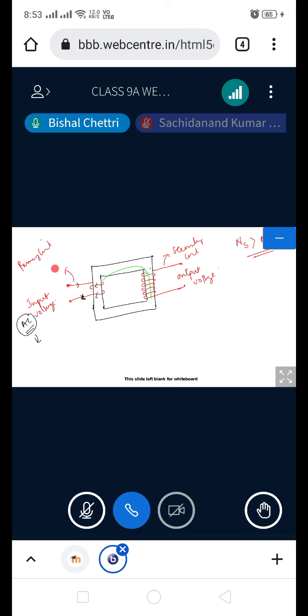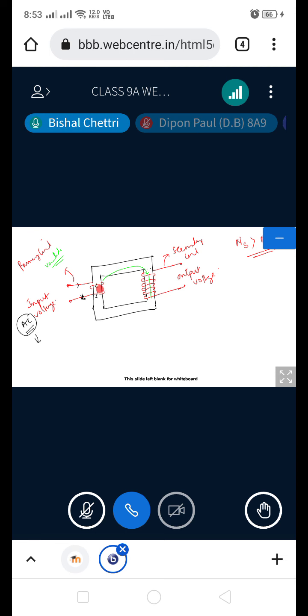Now, as this magnetic field is produced by the variable current, it is changing continuously with time, or not? That means it is changing its polarity, or strength, whatever it is. It's a variable current, alternating current, changing its direction.